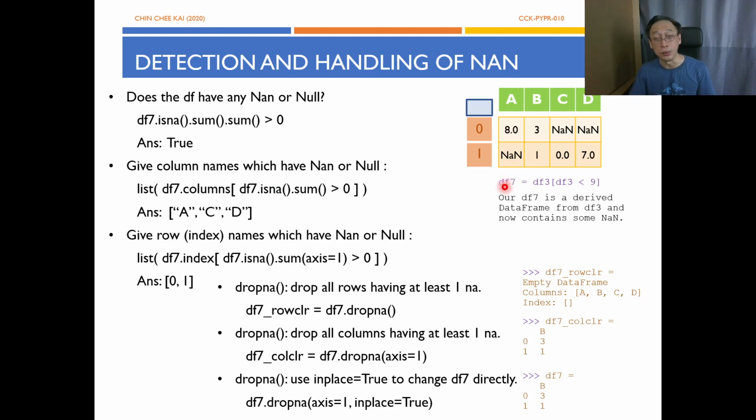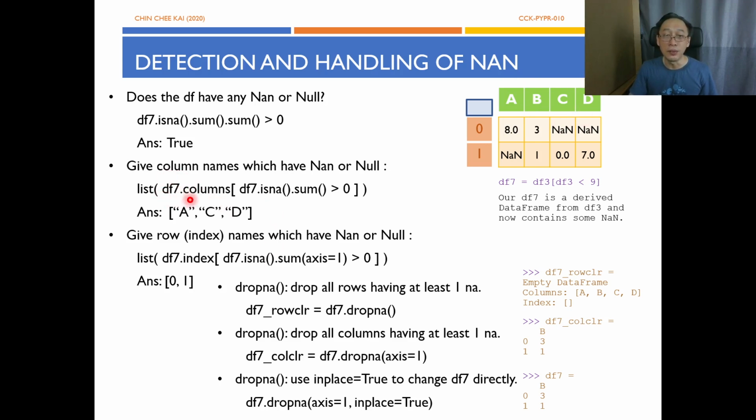So 1 is greater than 0, so true, false, true, true, and then we pipe this series mask against the df7 columns series. So df7 dot columns will give us a series of A, B, C, D, correct? And then we pipe into the selector this mask of true, false, true, true, right? So after that, we'll extract out A, C, and D, which is exactly the case.